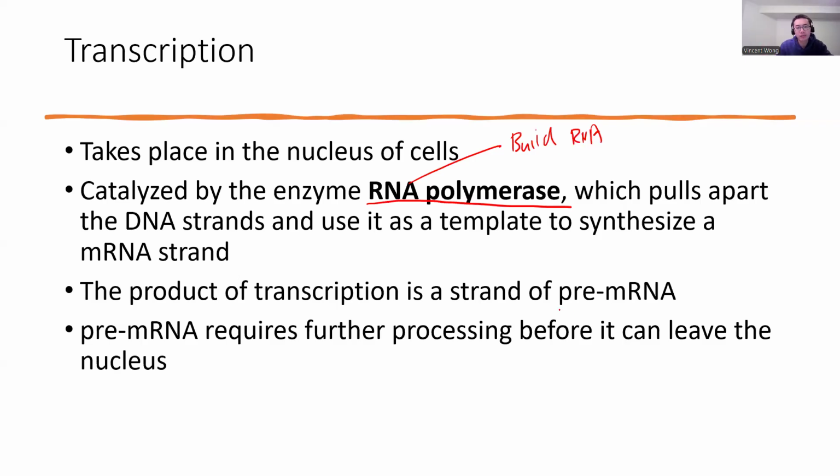At the end of the process, you will get a premature messenger RNA. Premature. That's what the pre stands for. And this is not ready for use yet. We have to fix it a little bit. We have to increase its stability before we allow it to leave the nucleus and go into the cytoplasm.